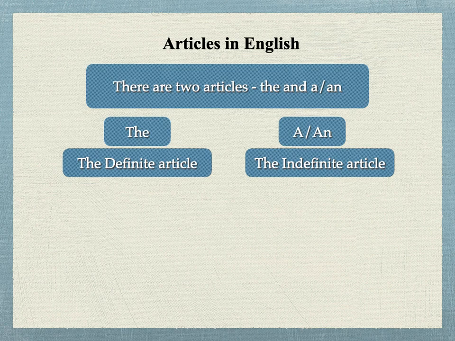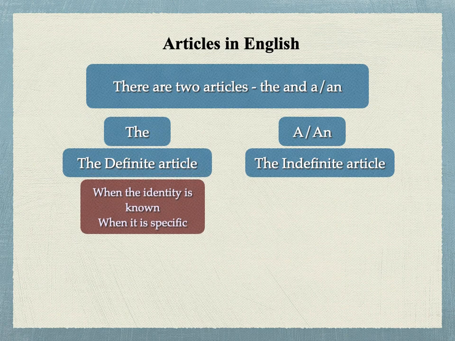Now, why is the a definite article and a and an indefinite articles? Definite article means the can be used when the identity is known. It can also be used when it is specific.